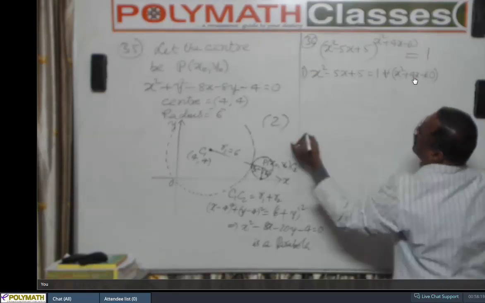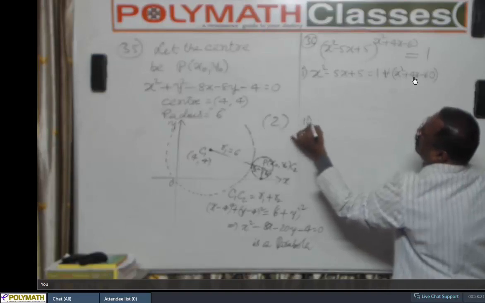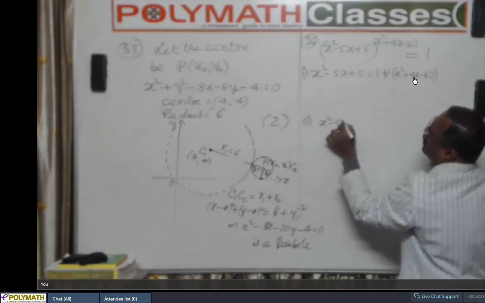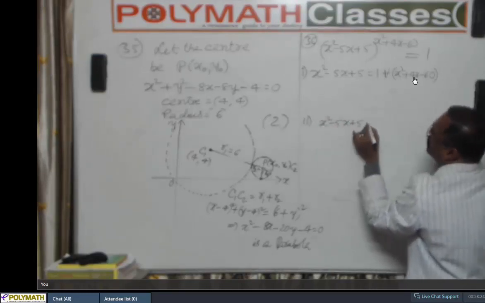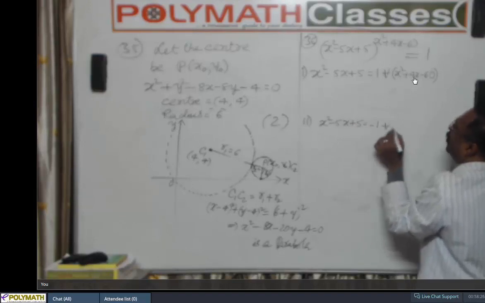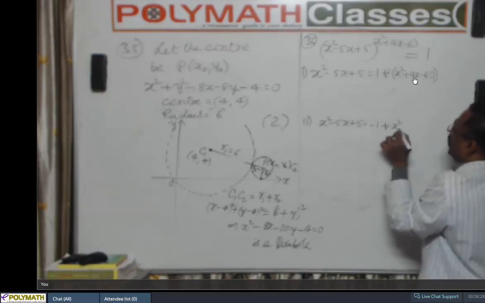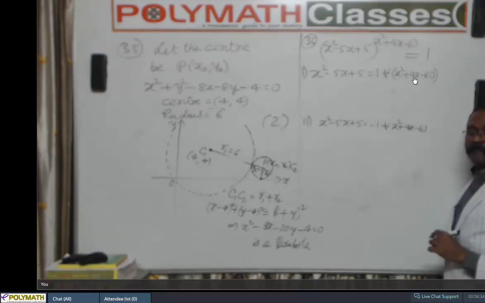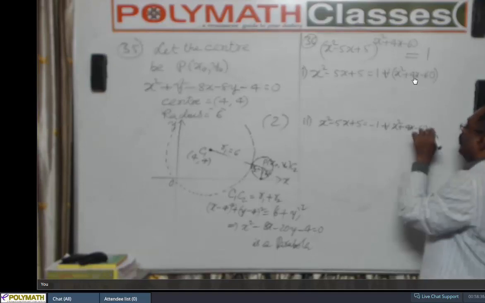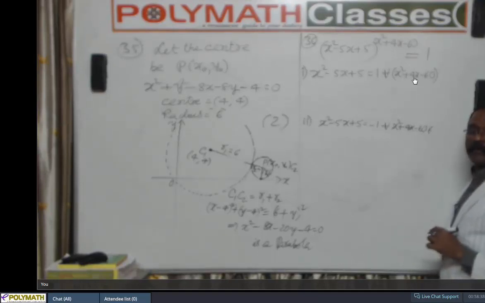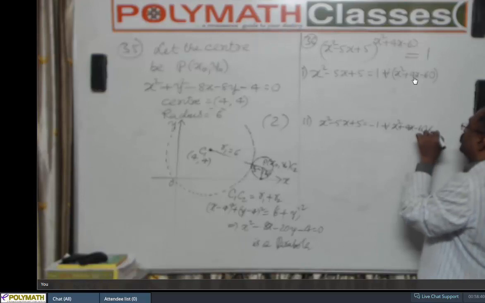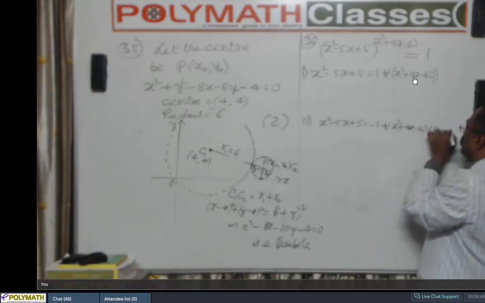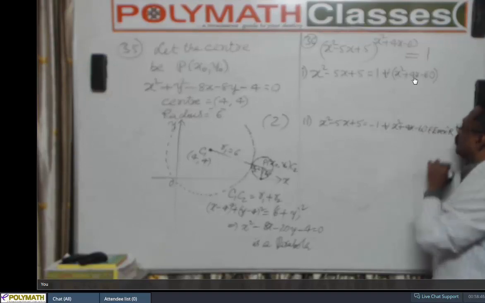Now, case 2. x squared minus 5x plus 5 is equal to minus 1, for all x squared plus 4x minus 60 belonging to even real numbers.